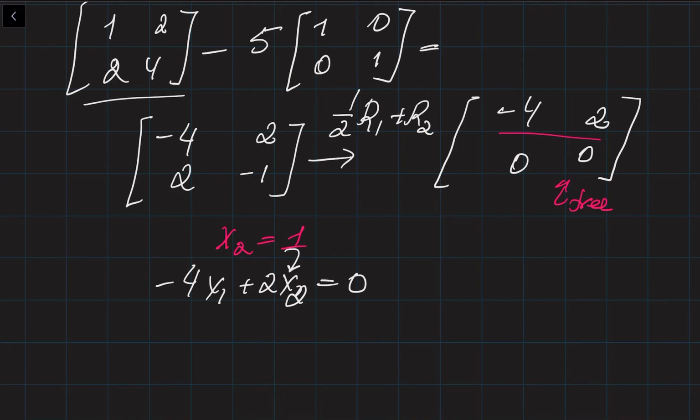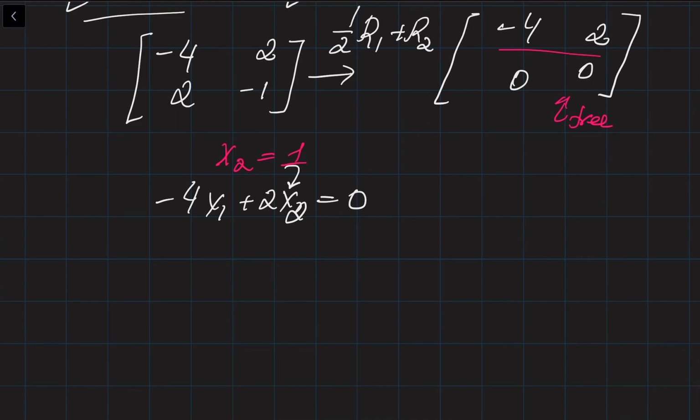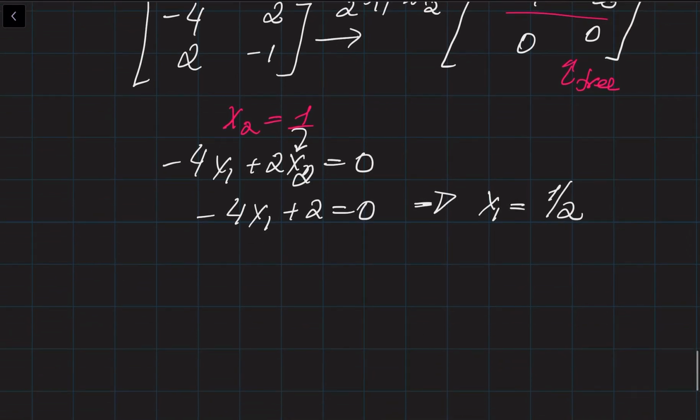If we substitute x2 equal to 1, we obtain minus 4 x1 plus 2 equal to 0, and from here it's clear that x1 should be equal to 1 over 2. If you substitute 1 over 2 for x1, it's minus 2 plus 2, which is equal to 0. So the first eigenvector is going to be 1 over 2 and 1.